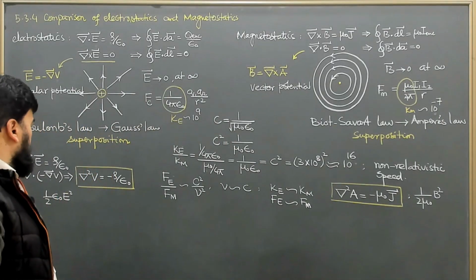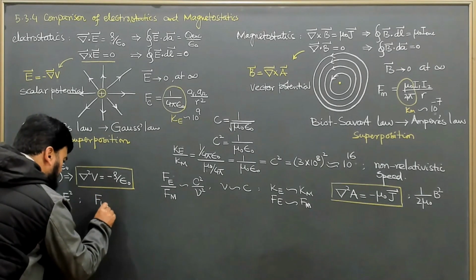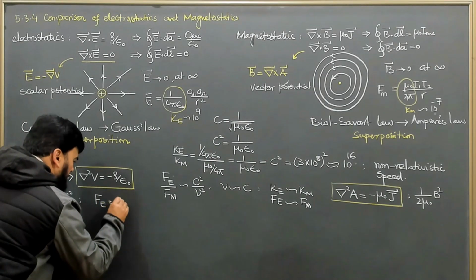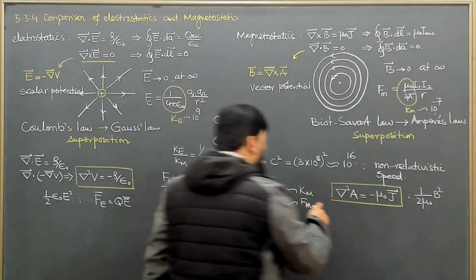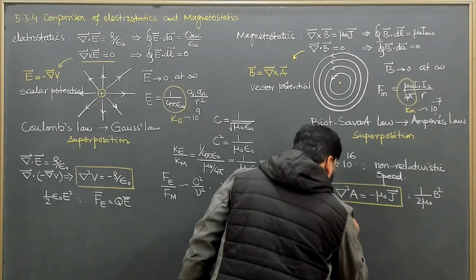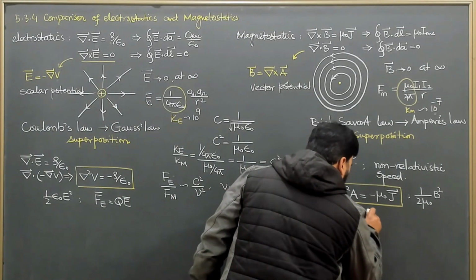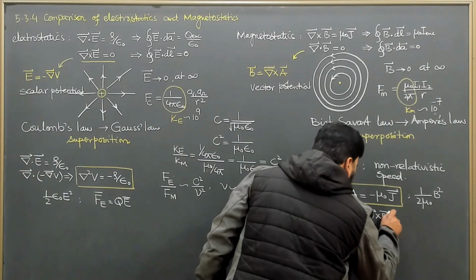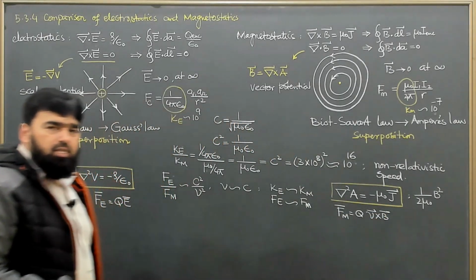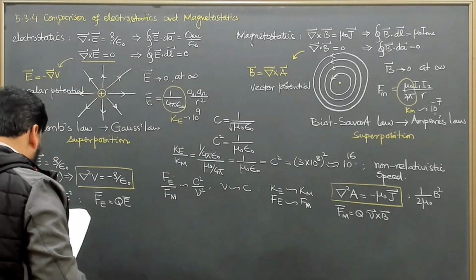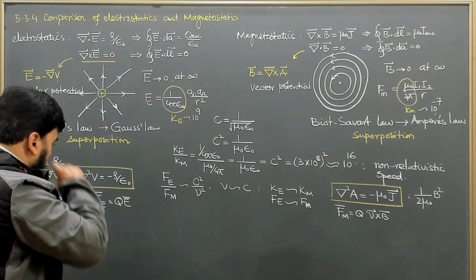If we consider their forces, the electric force equals the charge times the electric field, and the magnetic force, Fm, is charge times v cross B. The velocity of the particle is crossed with the magnetic field.